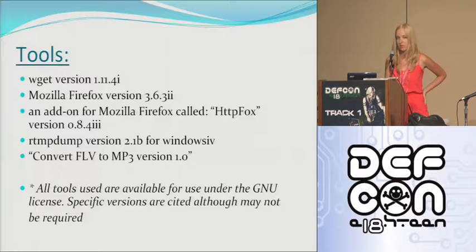All right, so the tools that I use for this are all GNU tools: wget, Firefox, an add-on for Firefox called HTTP Fox, which is awesome, RTMP Dump, and a converter called FLV to MP3. There are other converters, but this is the one I used. There are DMCA notices right now on RTMP Dump, and when I originally wrote the white paper for this, there was a website where you could download the FLV to MP3 converter.